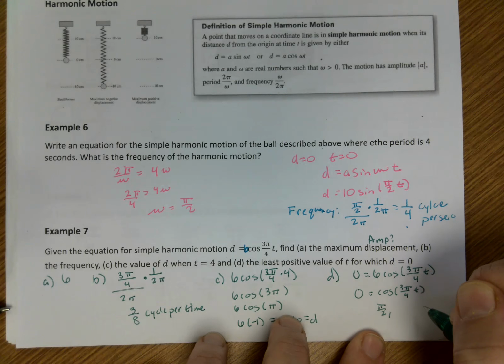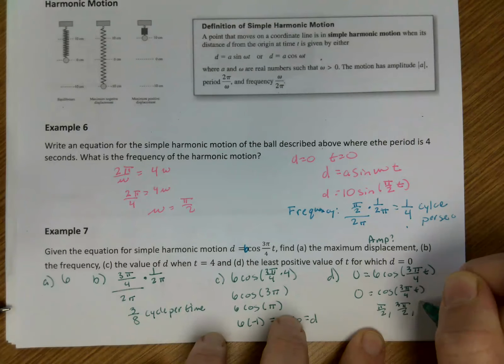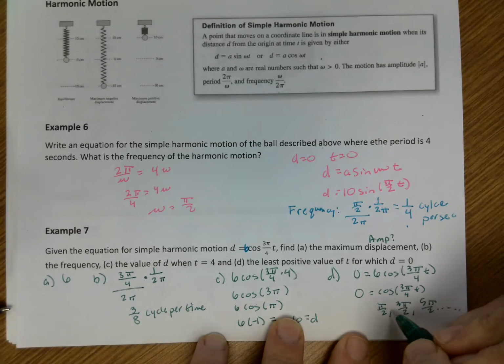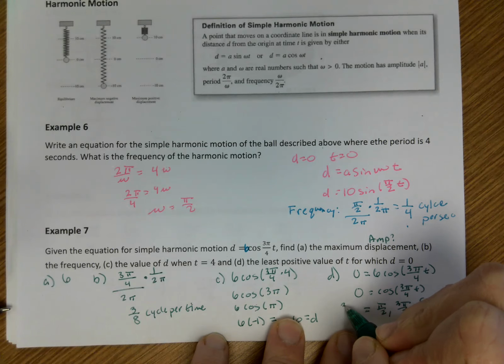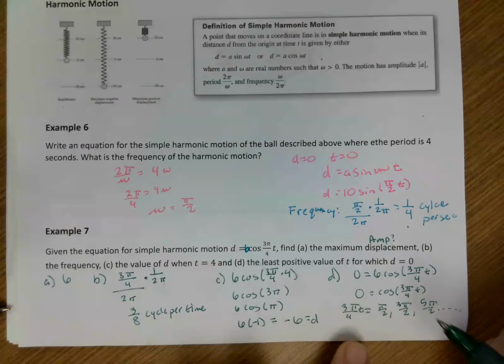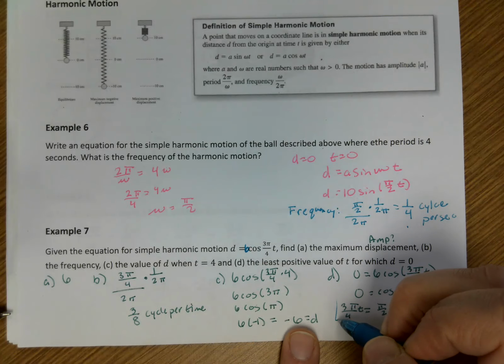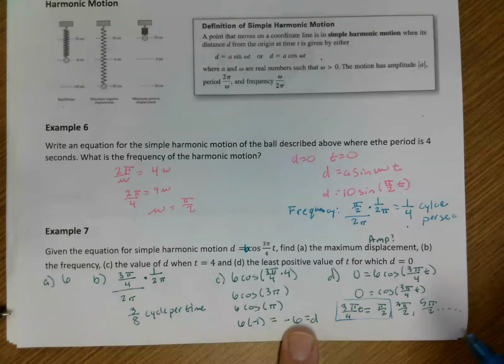I'm going to write them all: pi over 2, 3 pi over 2, 5 pi over 2, and then it just keeps rotating. These are all equal to our 3 pi over 4 t, and we're looking for that t. I only want to find the least positive, so I'm going to focus on just the first one, because again, it's oscillating.